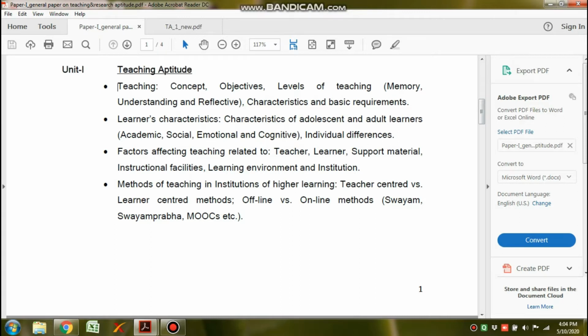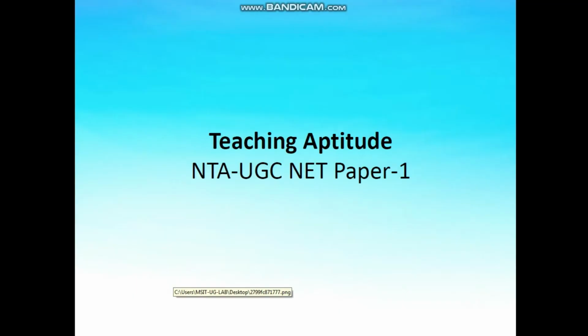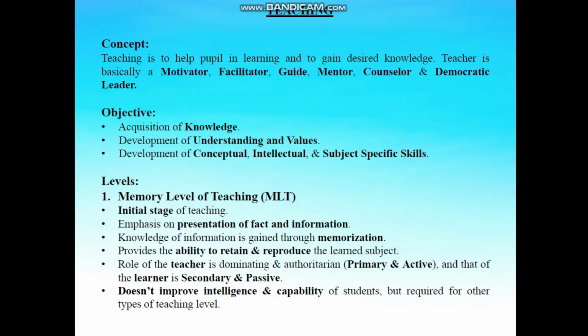The first part of teaching aptitude contains the concept and objectives of teaching, levels of teaching, that is memory level, understanding level and reflective level, and the characteristics and basic requirements of teaching. So, first I will discuss the concept of teaching.